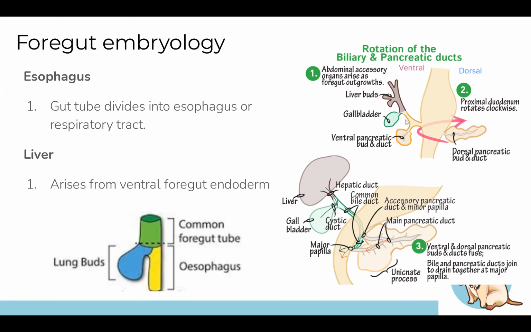Hopefully it becomes one organ. Then we have the gallbladder here in green, and we have the liver here in grey. Essentially, the liver just starts branching out from the ventral foregut endoderm. Okay, that's legitimately all you need to know. It just branches out from the stomach, essentially. Or it's not really correct to say the stomach, the foregut. And the gallbladder just grows along with it, essentially.